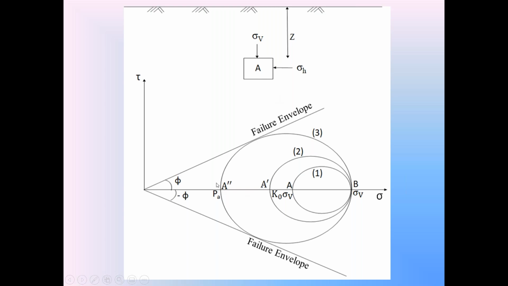Then at the failure condition, the horizontal stress at point A double dash is called the active lateral earth pressure. Next class, I will explain the equation of this active lateral earth pressure acting on the retaining wall.